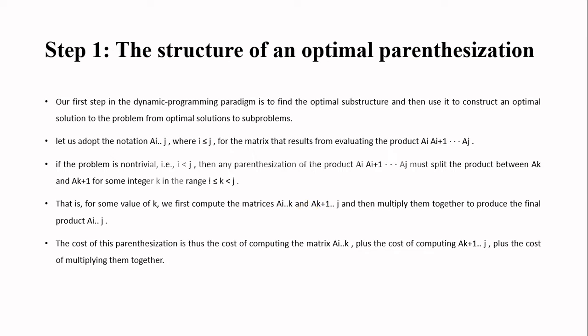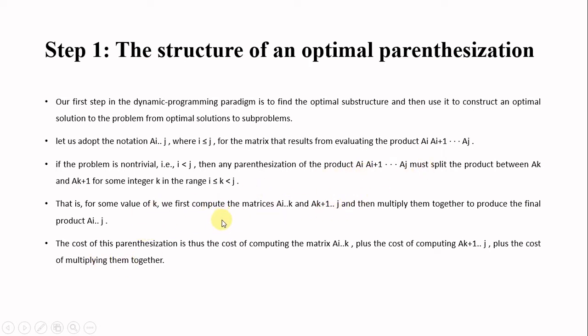So we compute Ai to Ak and Ak+1 to Aj first, then multiply them together to produce the final product Ai to j. And the cost of this parenthesization is thus the cost of computing the matrix Aik plus the cost of computing Ak+1 to j plus the cost of multiplying them together.